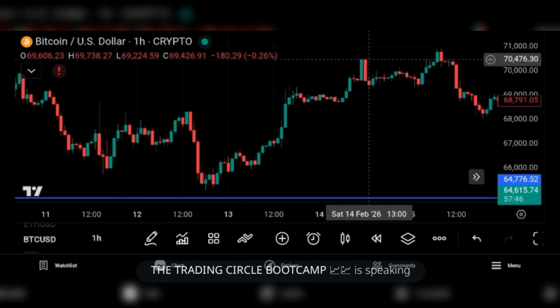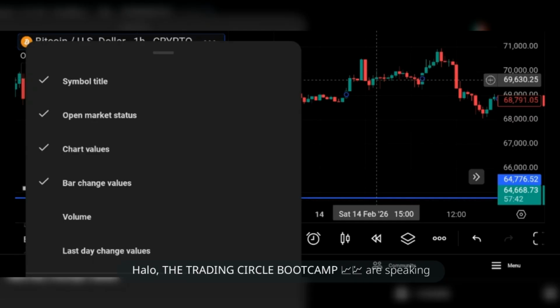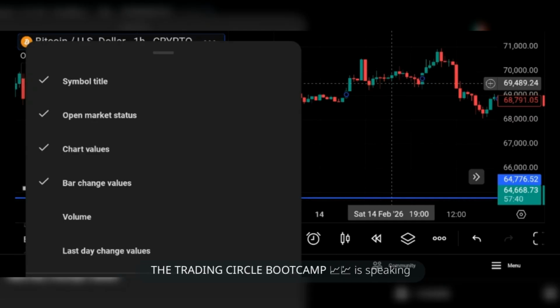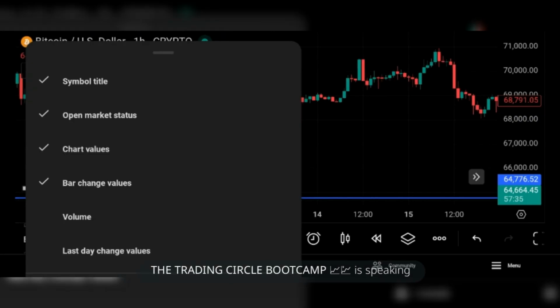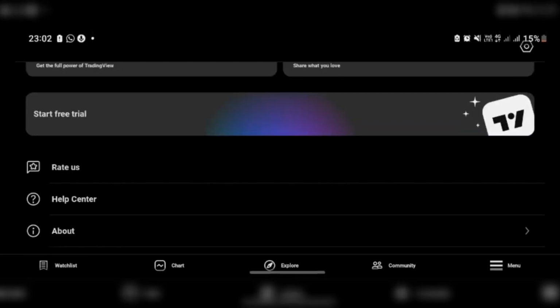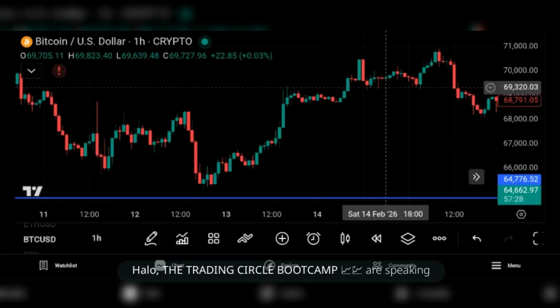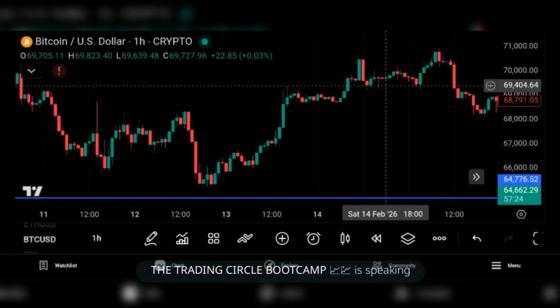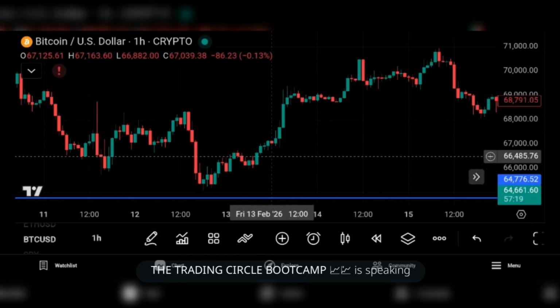Okay, now from this place you went low again to this point, right? So this point is our higher low. This low is higher than this low, and this low is higher than this low.